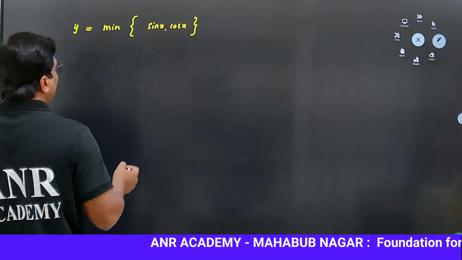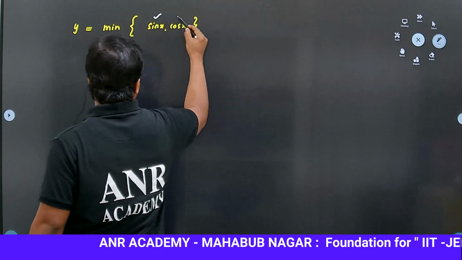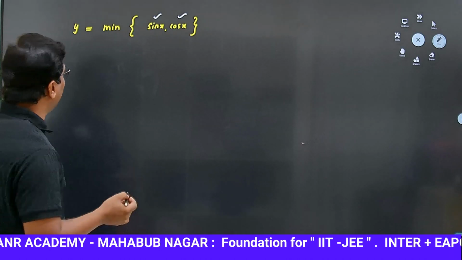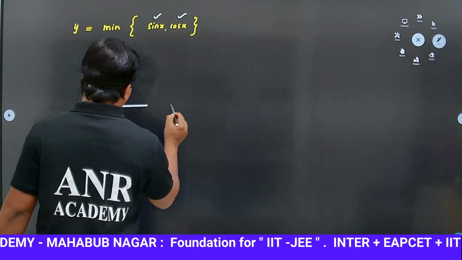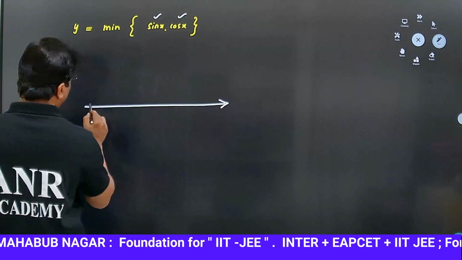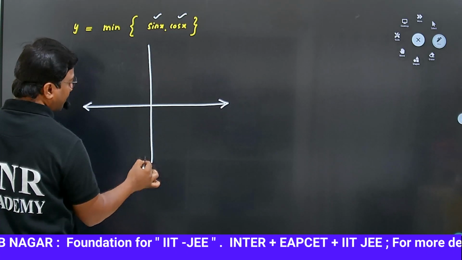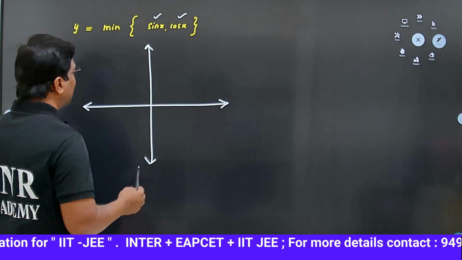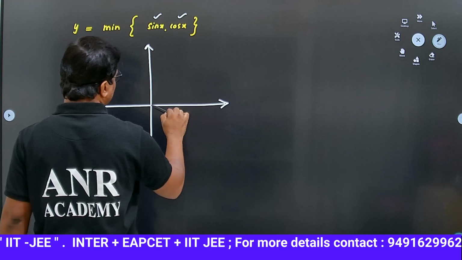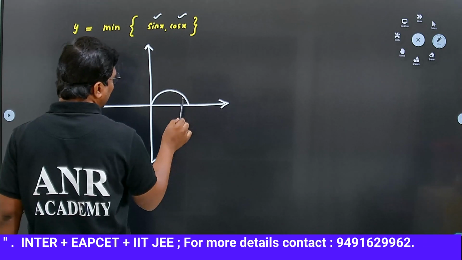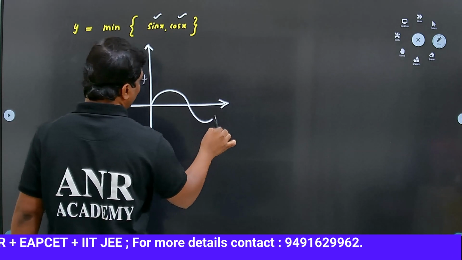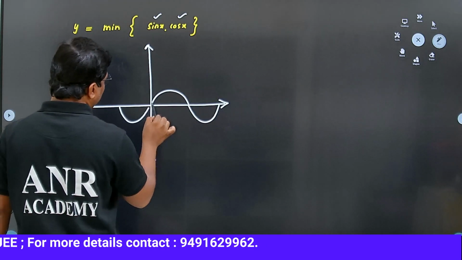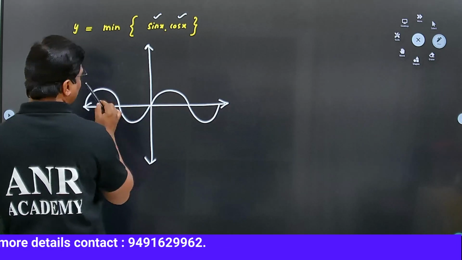What I am saying, both the graphs of sin x and cos x on the Cartesian coordinate system, at a glance both in one system you have to draw first, and after that you have to decide the minimum portion. You know the graph of sin x in the interval 0 to pi, next pi to 2 pi, and it continues up to minus pi to minus 2 pi.